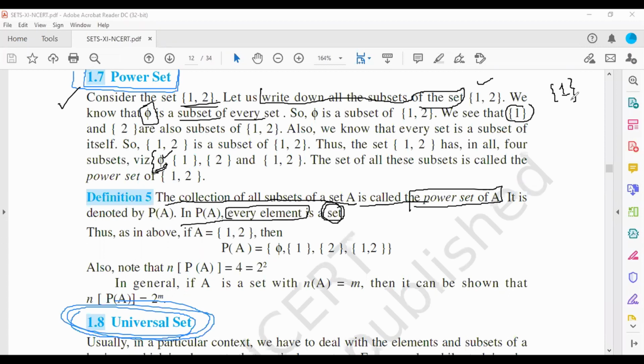You may not be very clear. So why should I convert 1 into a set? For that reason, our discussion will happen here.